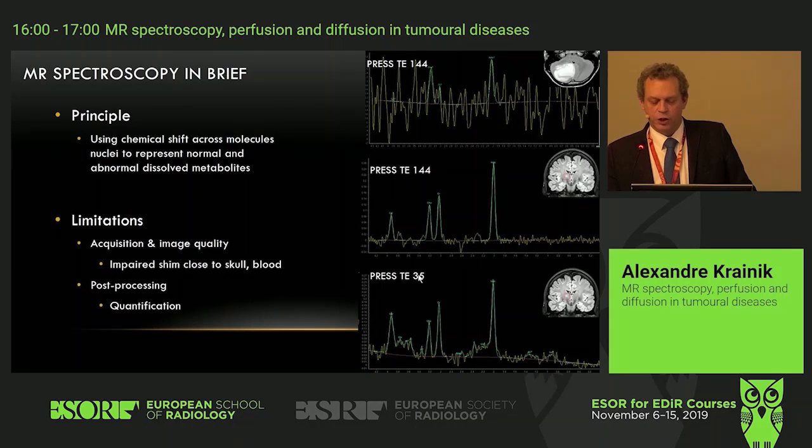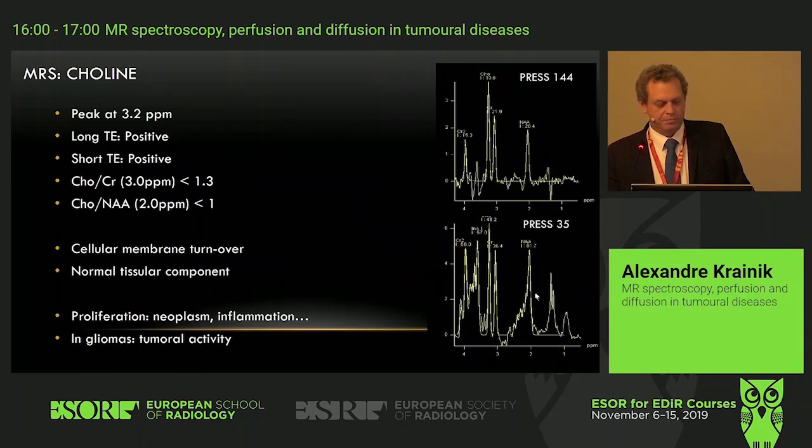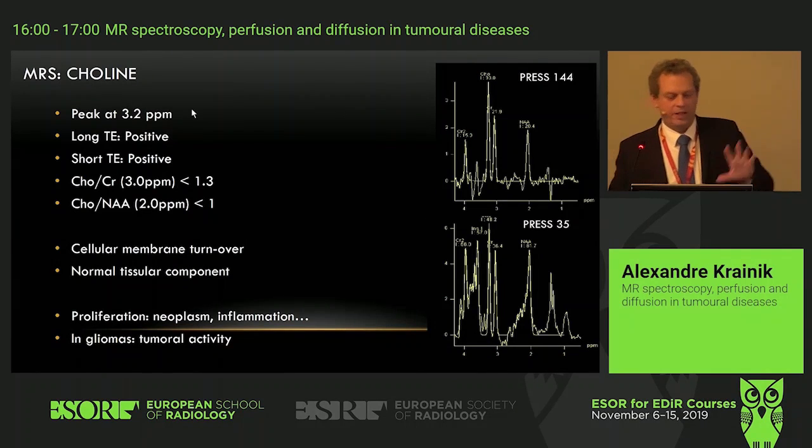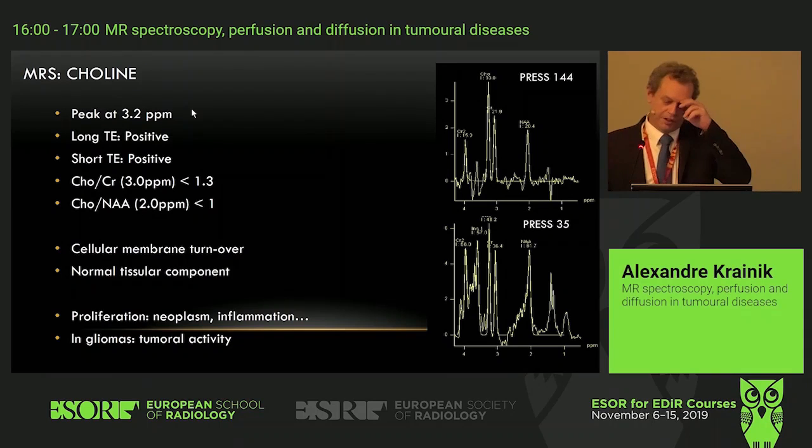When you have a shorter TE, you may be more sensitive to different compounds that may be out of the topic today, but you're more sensitive to abnormal compounds such as lipids. Here we'll see the main peaks of interest in neuro-oncology.